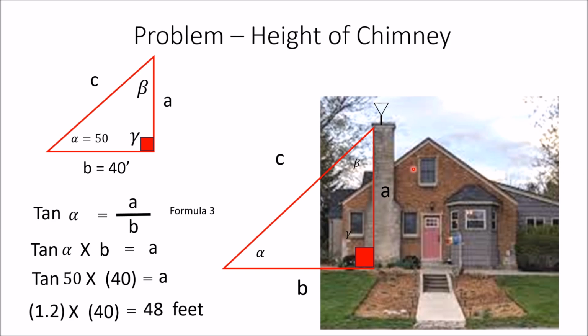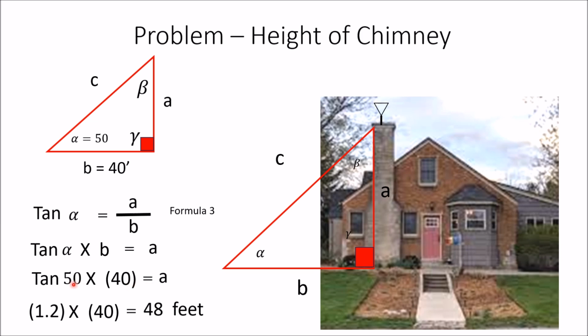Okay, let's suppose we want to know the height of the chimney. And we know that B is 40 feet, the distance from where we measure the angle to the base of the triangle. And we know alpha is 50 degrees. Well, this is formula 3 we use, the tangent. Tangent of alpha is A over B. Again, we multiply both sides times B, and we get tangent of alpha times B equals A, which is the tangent of 50, which is what we said the angle was, and we measured B as being 40.